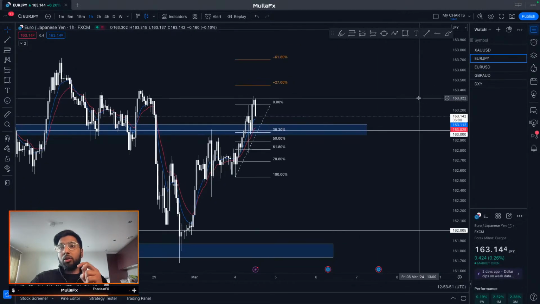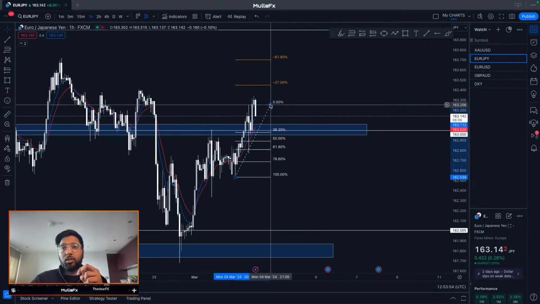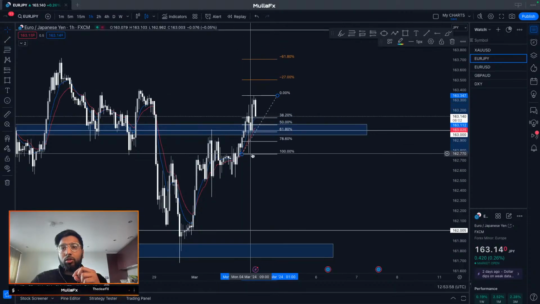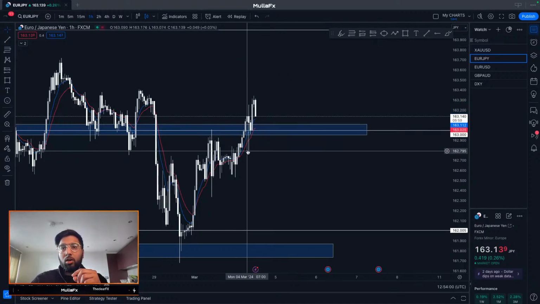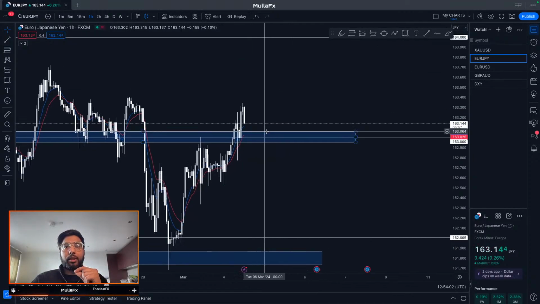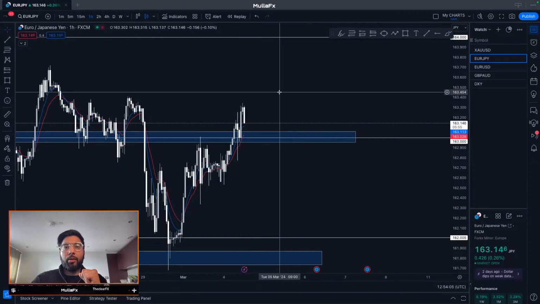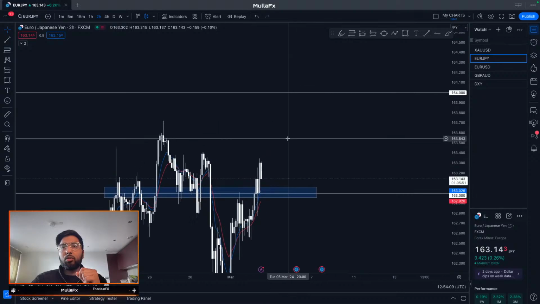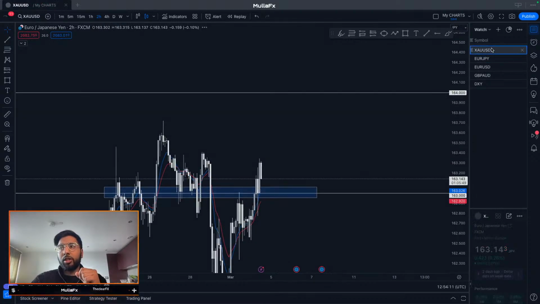Euro JPY, we just had a bullish move over here. I'm not too sure what that fib was, but we're definitely looking at price going towards 164 on Euro JPY.